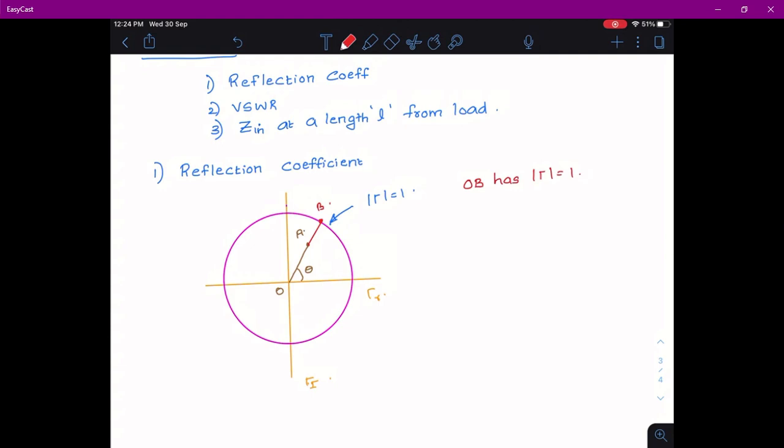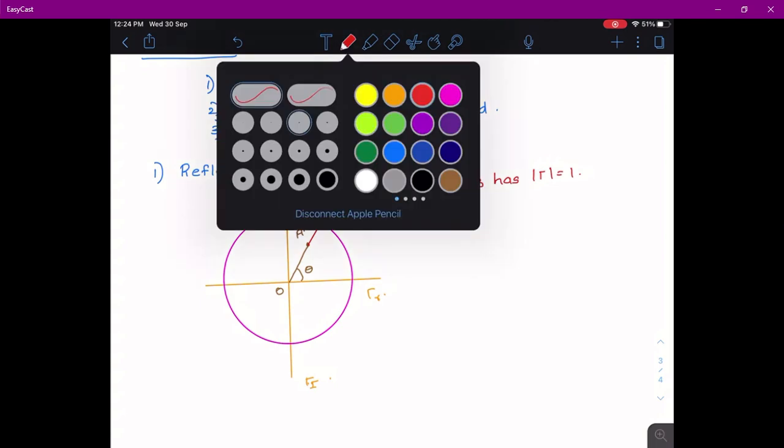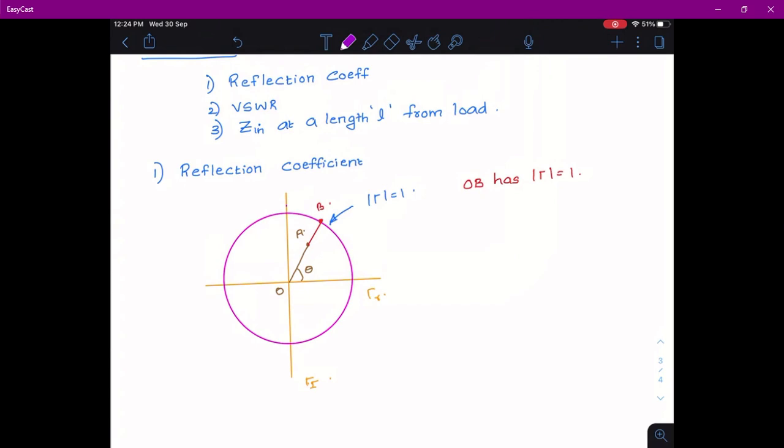Using a scale you can also measure the distance of OB. So there is some distance here which you can measure using a scale. Let's say this is like 10 centimeter. So you know that 10 centimeter corresponds to a magnitude of reflection coefficient equal to 1.